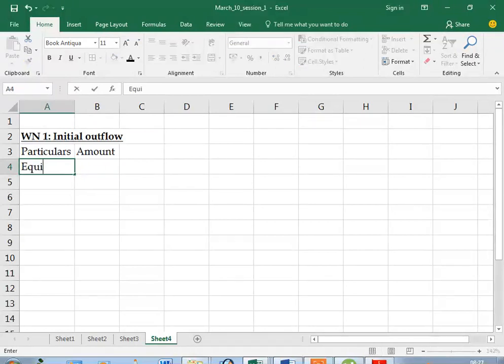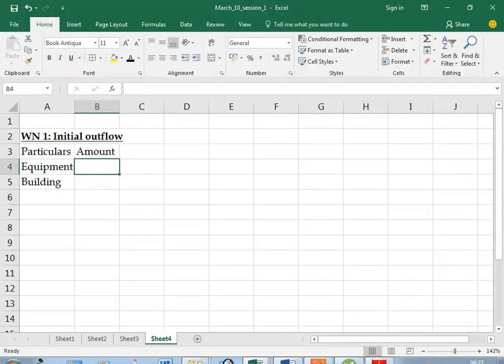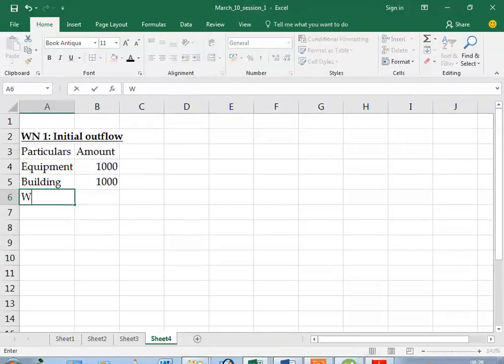First one is equipment, then building. How much is the equipment? 1000 lakhs. We'll do it in lakhs. Building is also 1000. And working capital is?